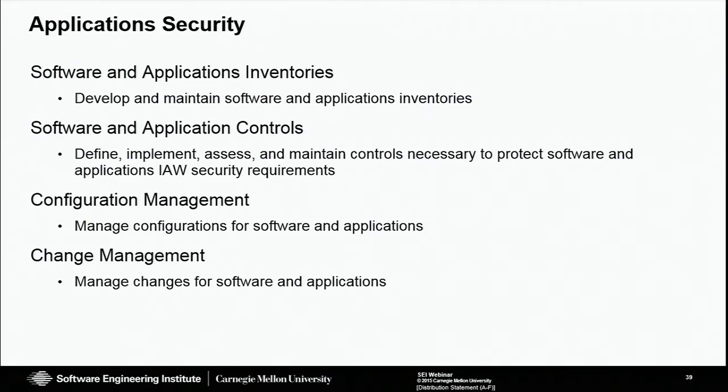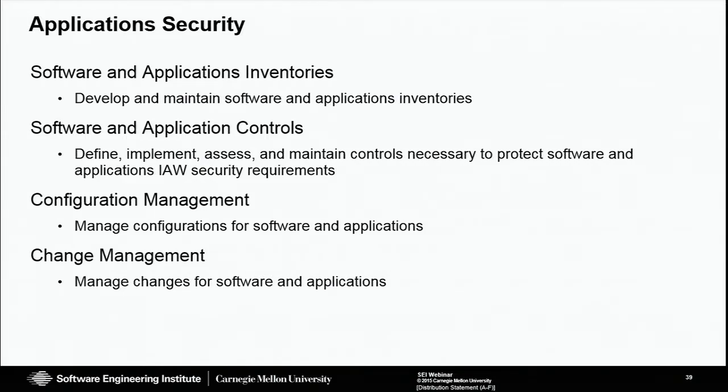This deals with the application's assets, software, anything that you acquire, inventories, access controls, managing those configurations, patching, keeping everything up to date, making sure that your critical applications are protected as best they can be, and managing changes to those.